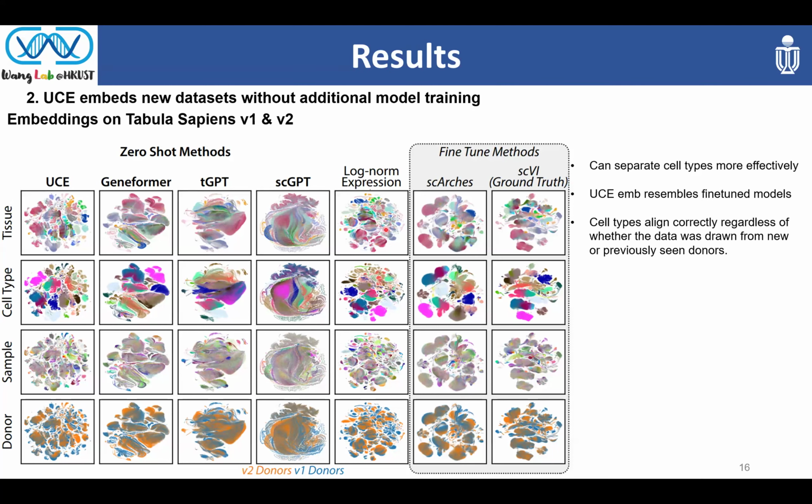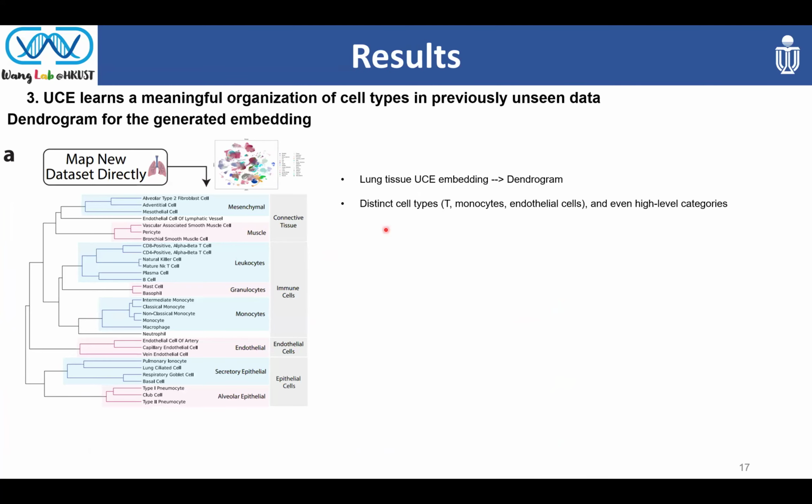And after getting the embedding, they also create a dendrogram. Like the high-level categories are labeled, so we just see the first column. The data set is a lung tissue data set, and they use UCE to generate an embedding and create the dendrogram.